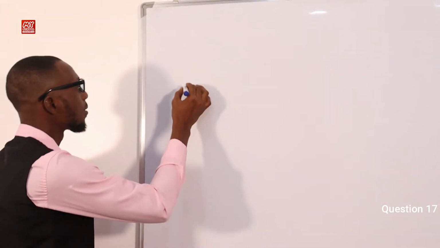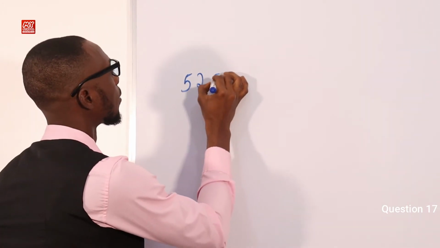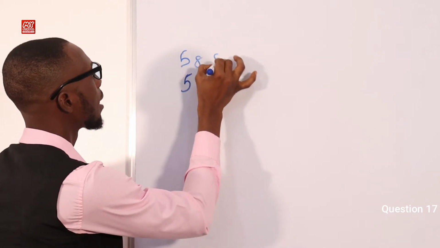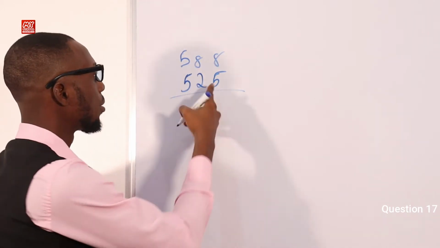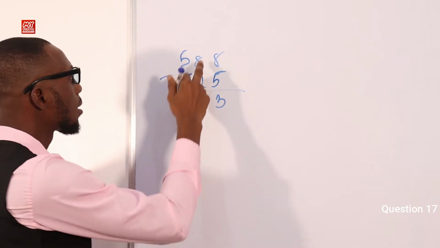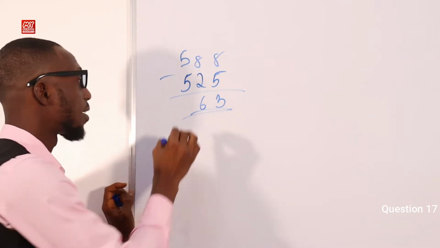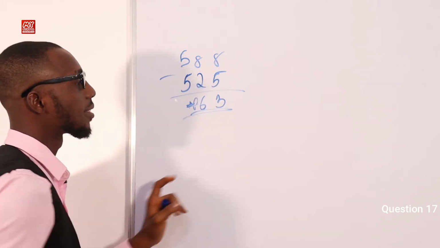We are told the principal is 525 and it amounted to 588. So to get the simple interest, we subtract. 8 minus 5 we have 3, 8 minus 2 we have 6. So the simple interest on that principal is 63 naira.